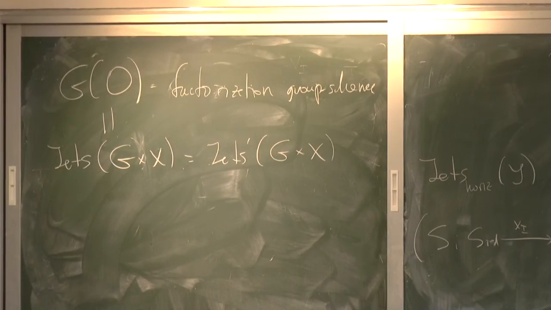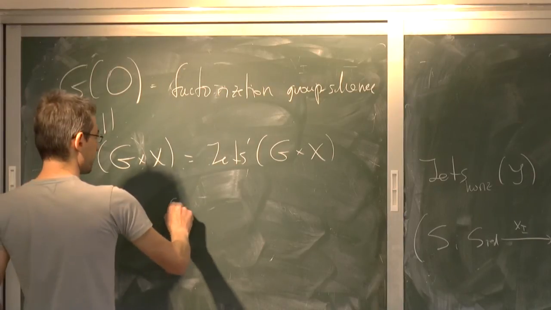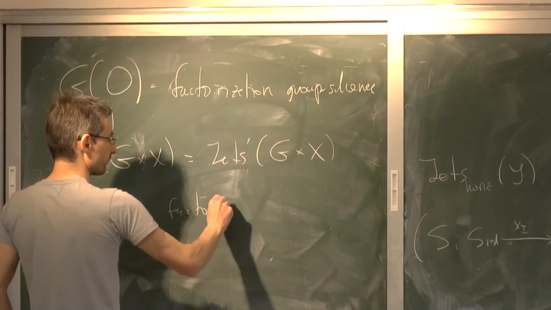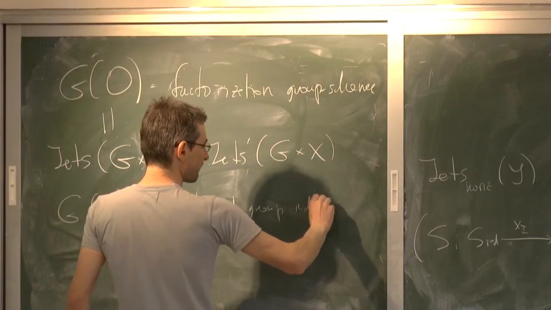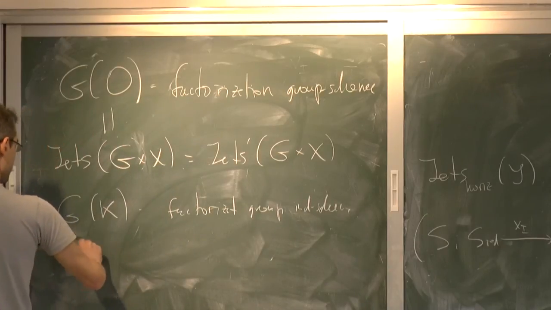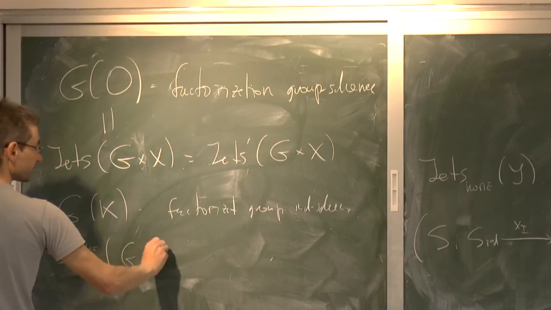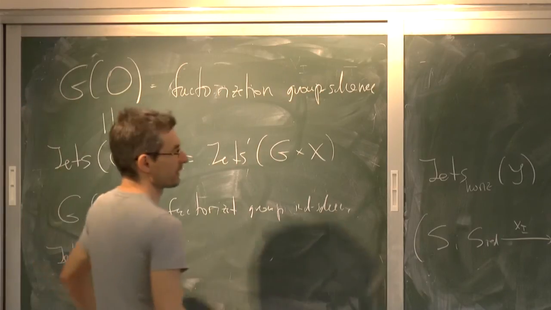Jets for things over X itself. G of K is a factorization group scheme, and that is jets meromorphic of the same thing. Yeah, I should have said that. I forgot to mention it. Sorry.